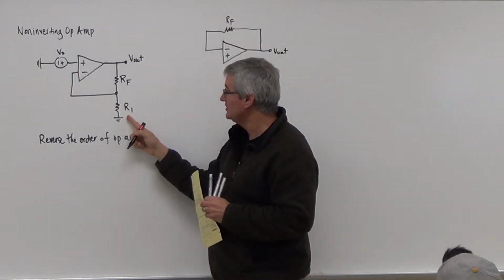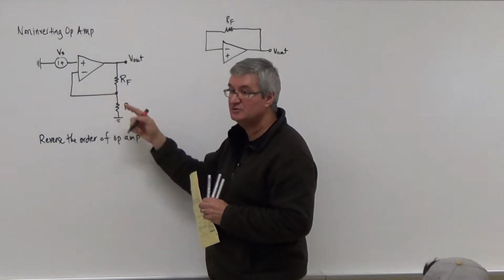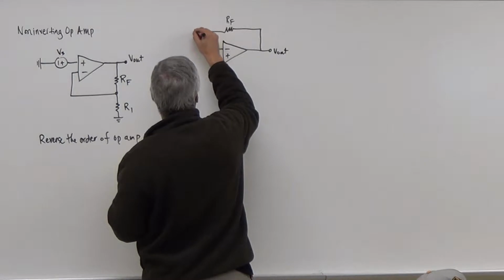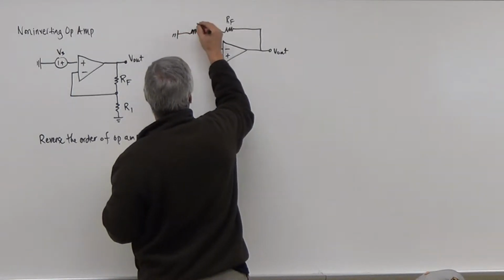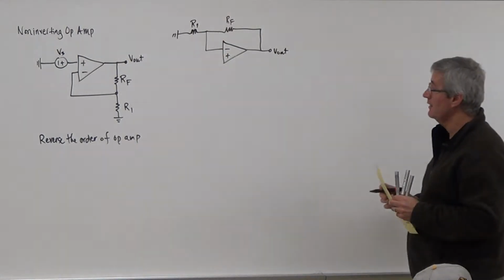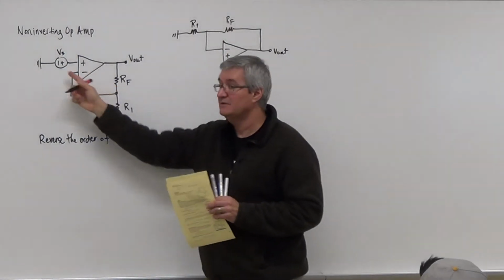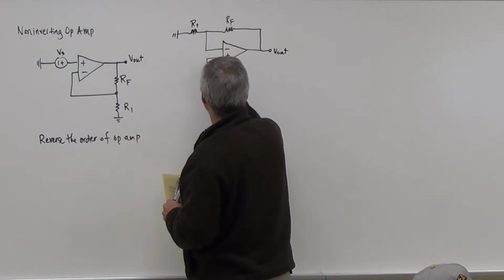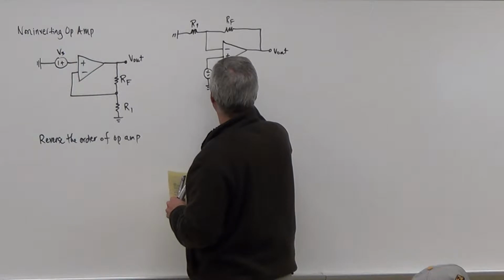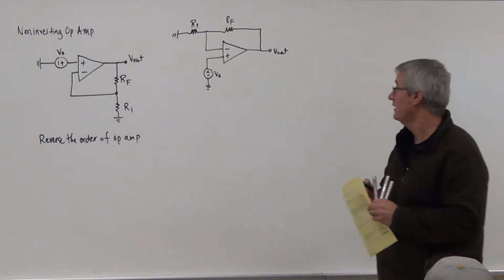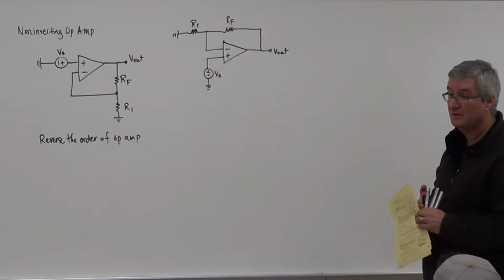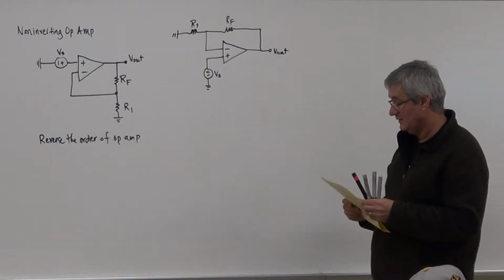If you look at that resistor, it is connected between these two resistors, so it has to come out. And this one, let's call that R1. And then you can see that this positive is attached right here, like this. Now I can make this a prettier circuit if you want, but we don't have to do that.